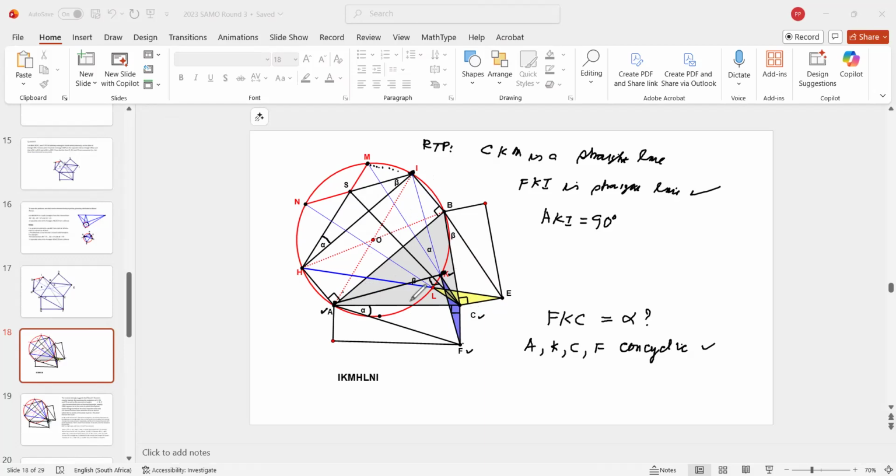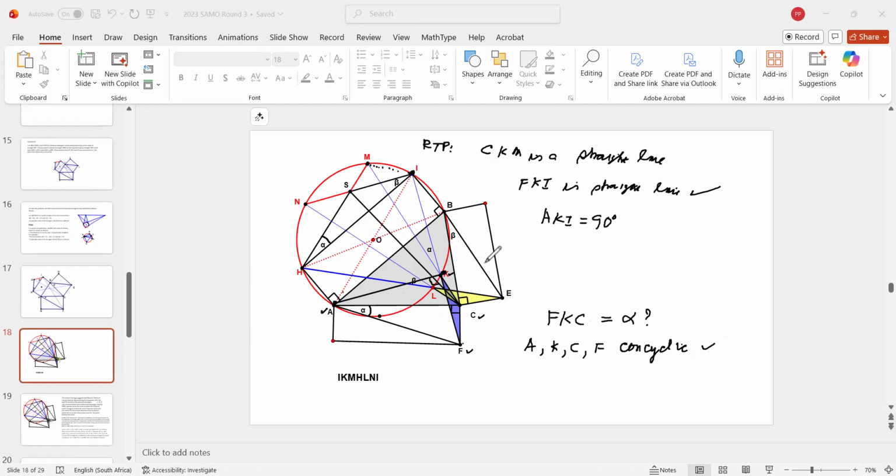Because we know that this is 90 degrees. This is the angle in a rectangle. But the moment you have that, these two angles subtended by AF are equal, and therefore you can conclude that AKCF is concyclic.